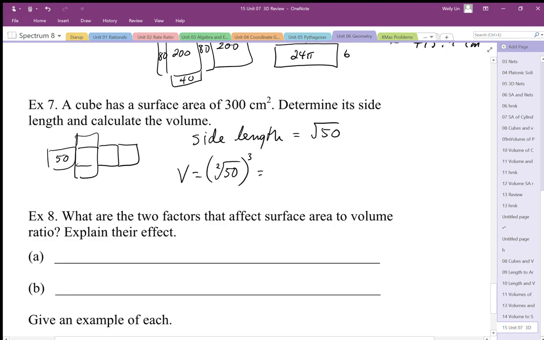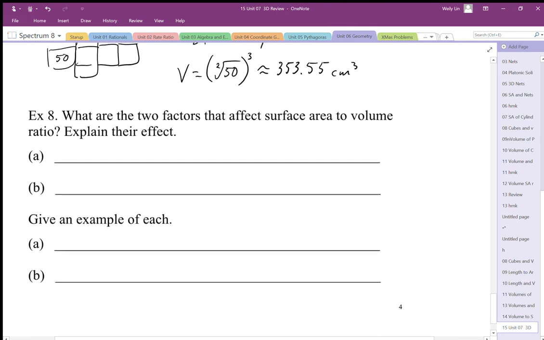Okay, so taking square root 50 and cubing it, I get approximately 353.55 centimeters cubed. Okay, so this surface area gives us this particular volume.